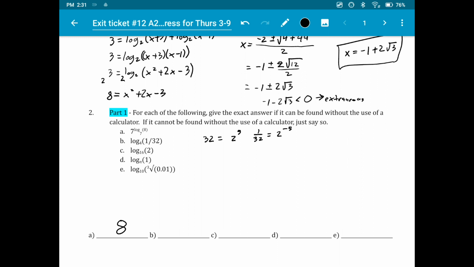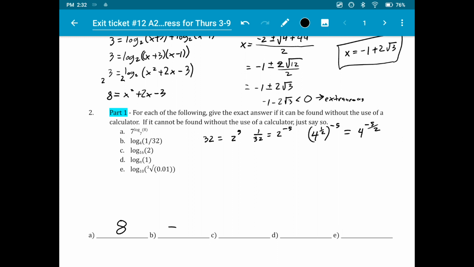But my base is 4, not 2. So to fix that, I have to do 4 to the 1/2. That gets me 2, so 2 to the -5th is just equal to 4 to the -5/2.